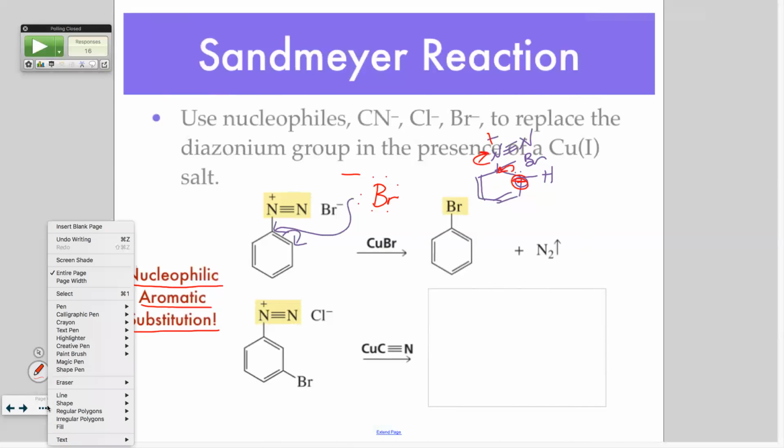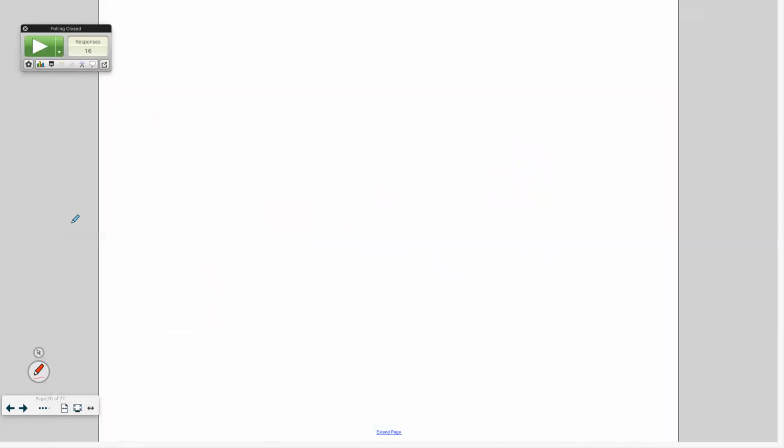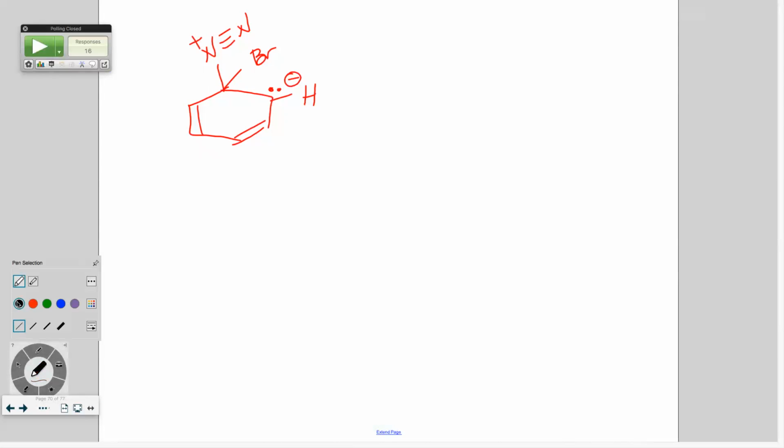So let's look at that so that you see it once. I'm going to put that H there. There's my anion. Just to make it clear, it's looking goofy on that other page.